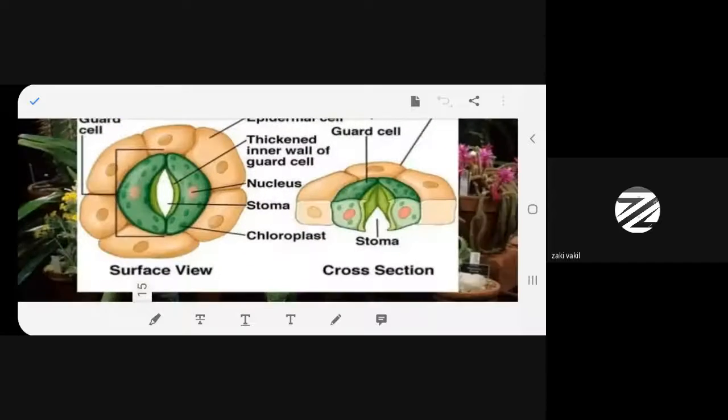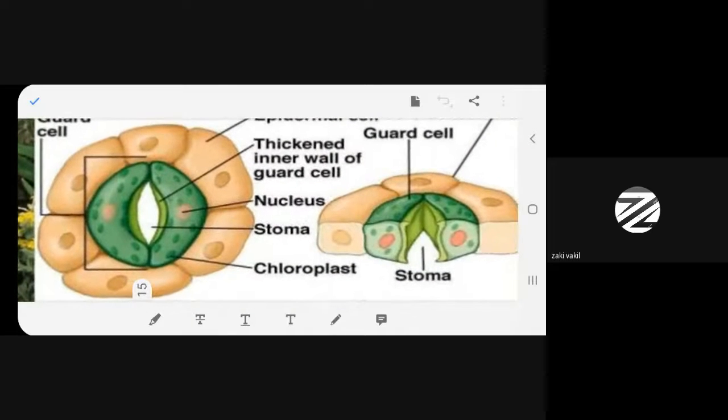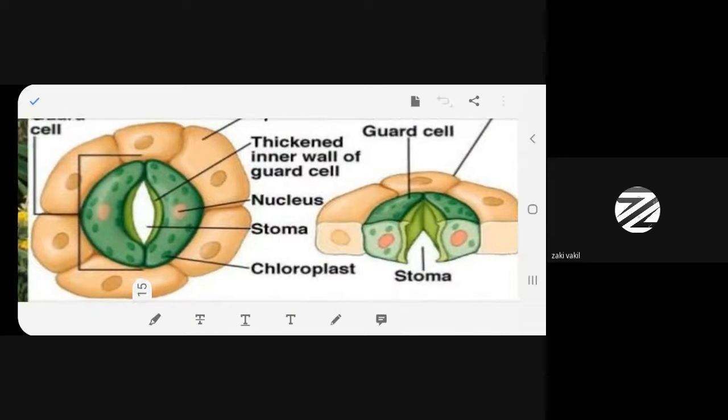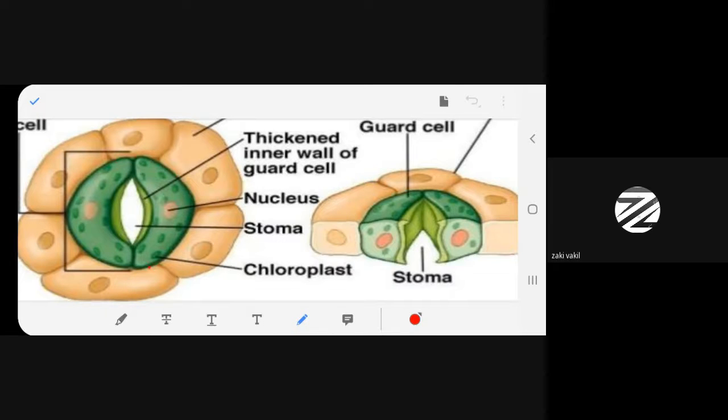Good. This is how the stomata looks. This portion, the portion inside, is called the stoma. What is it called? Say with me.